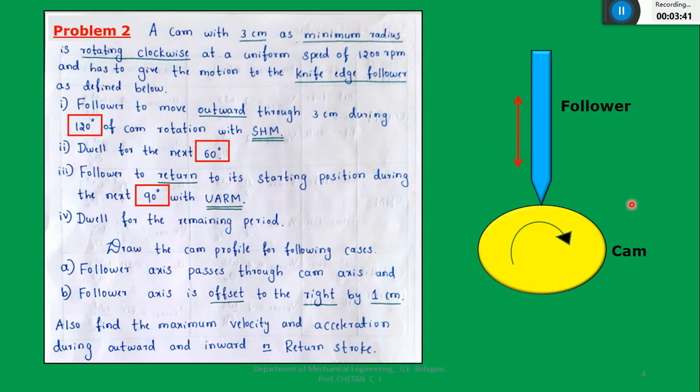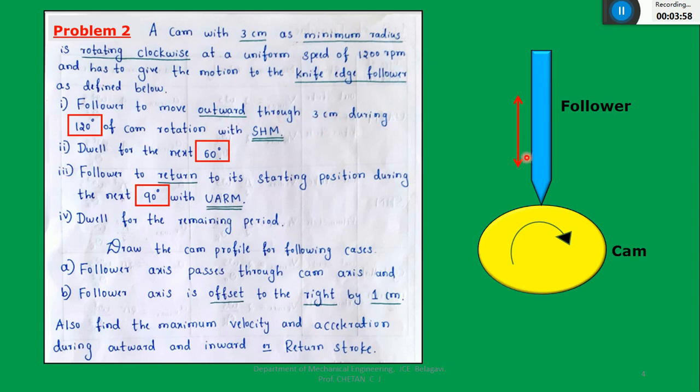It can travel maximum up to 3 centimeter up, 3 centimeter down. The distance traveled by the follower, which is the stroke length, you have to indicate with a capital or small letter S, which is given as 3 centimeter.